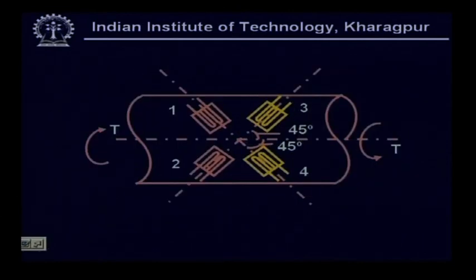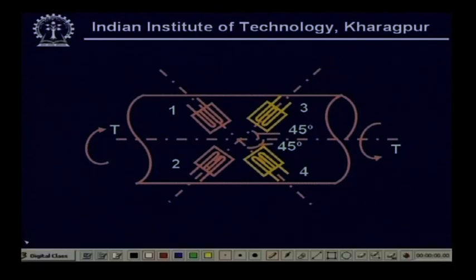This is our typical torque measurement system. It is actually a shaft; we have taken a section of the shaft, and the 4 strain gauges are installed on a 45-degree helix, right.